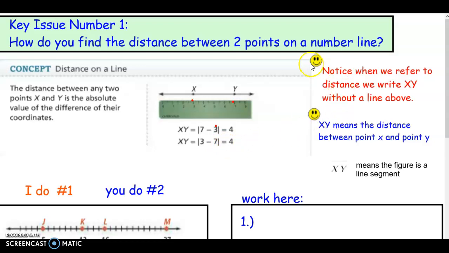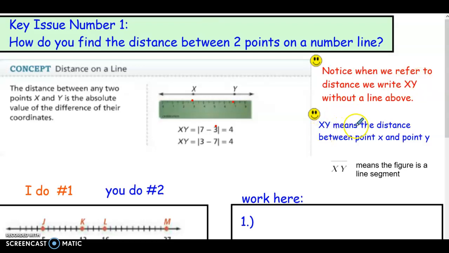Now I want you to notice there are 2 smiley faces over here to the side. What they're doing is alerting you to some differences in notation that we're using here. Notice when we refer to distance, we write xy without a line above it. So instead of putting this line that you're used to seeing above every segment, it's just plain xy.